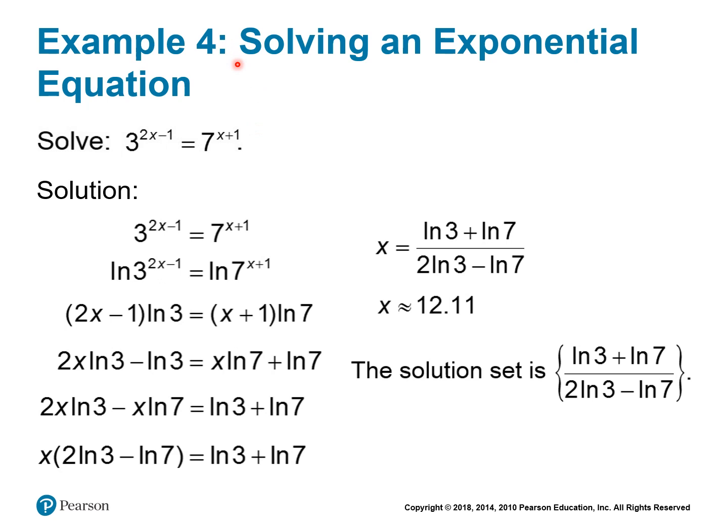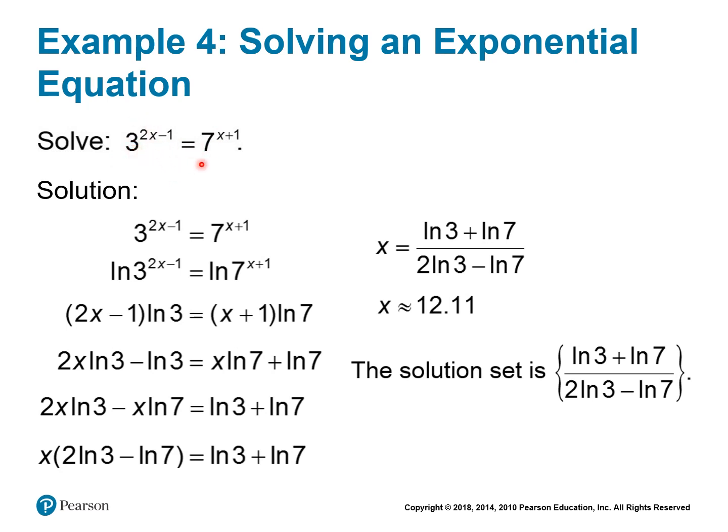Let's look at this example here on solving exponential equations. The problem given to us is 3 to the power 2x minus 1 equals 7 to the power x plus 1. So we have to solve for x in this exponential equation. Now, we have two different bases, as we can see on either side of the equation.